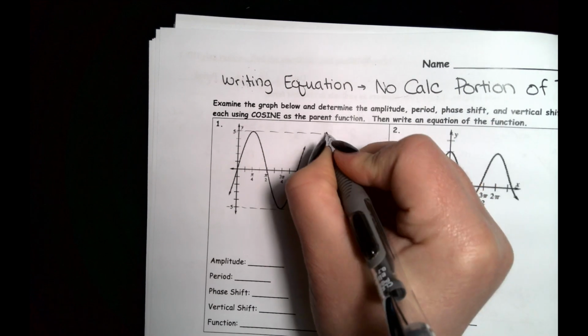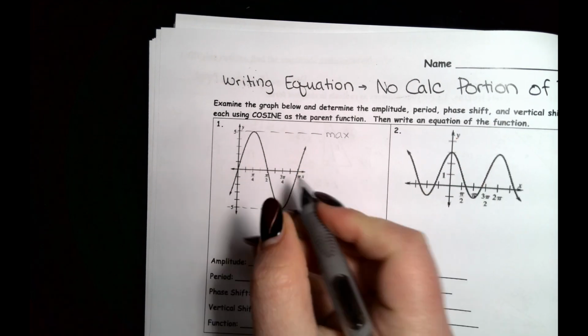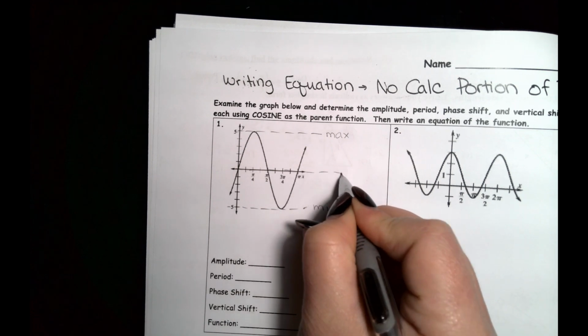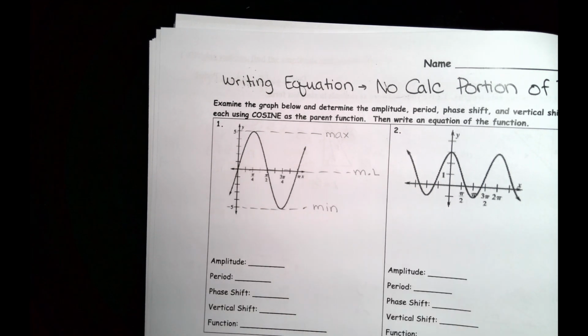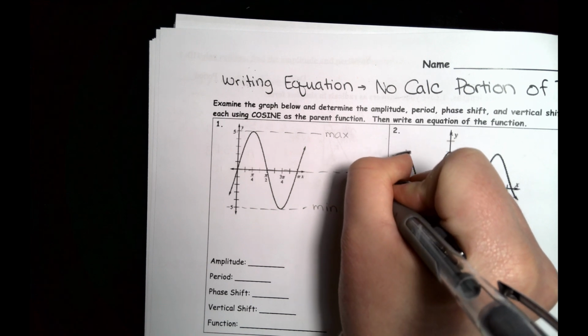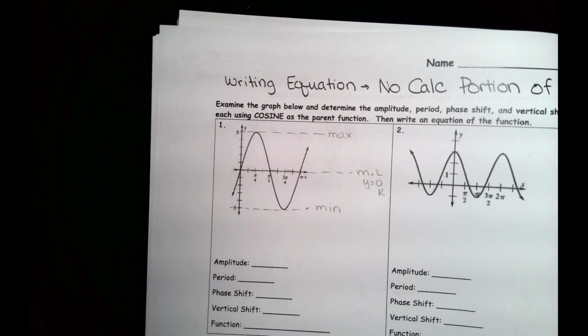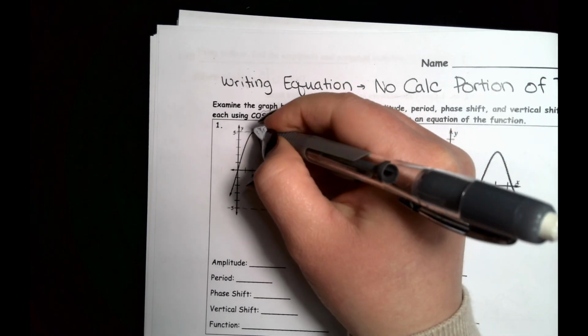Notice that we have a max of 5 and a minimum of negative 5. That means that my midline is 0. Now your midline is y equals 0. That means that's your k value. Next, we want to find the start and the end of our cosine since they're asking for cosine.